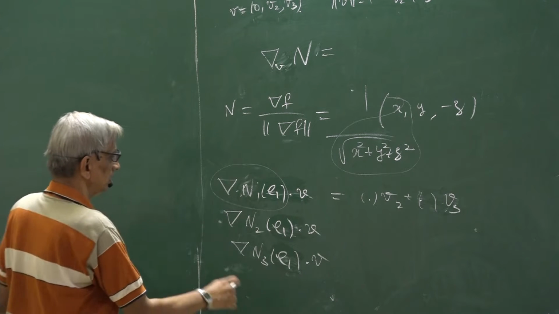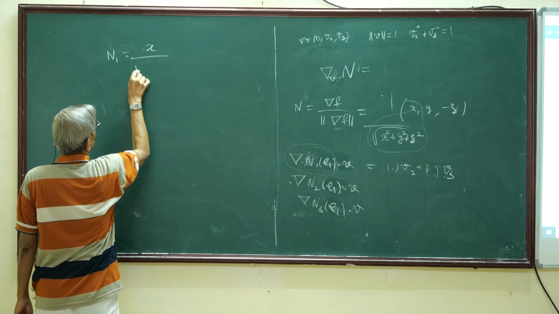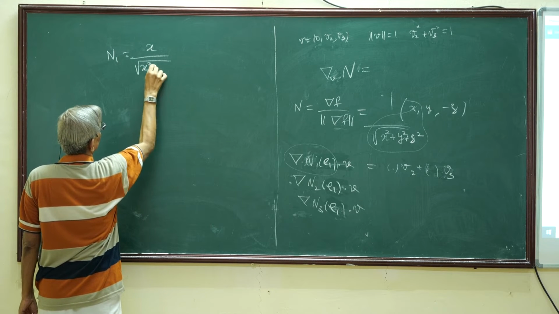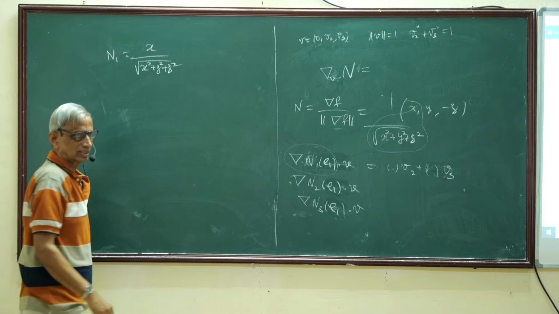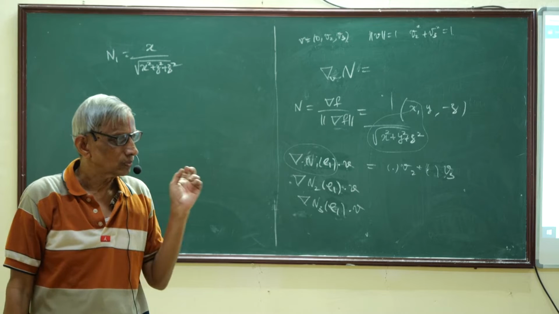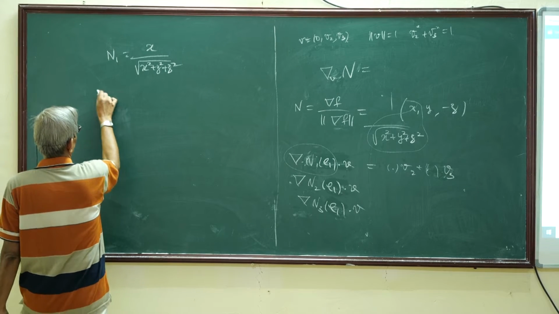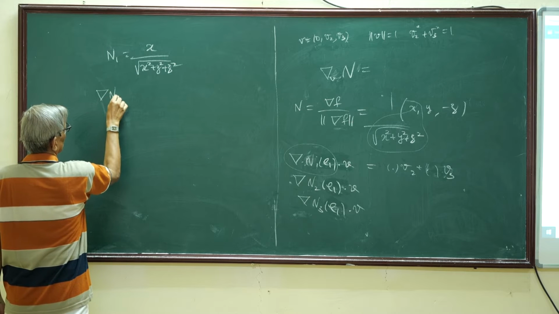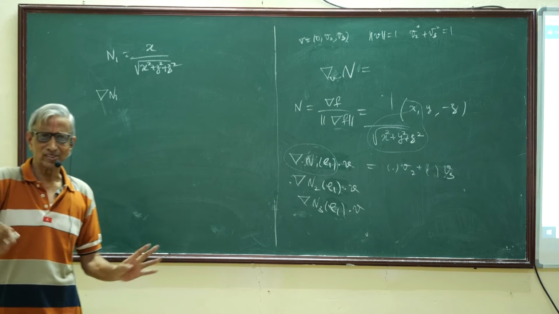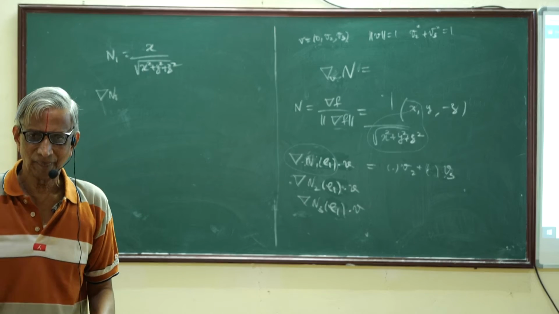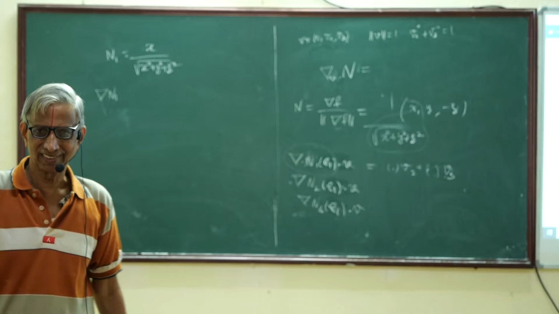So n1 therefore is what? Right? So what is the gradient of this? We don't have to write down first and then plug in e1. So you can simplify then and there, right?